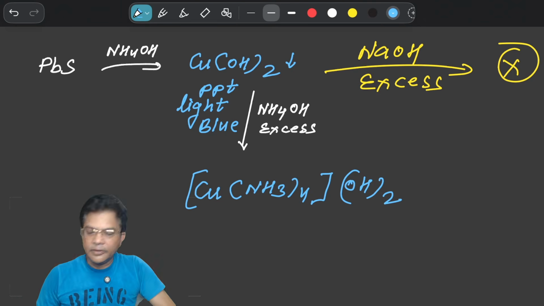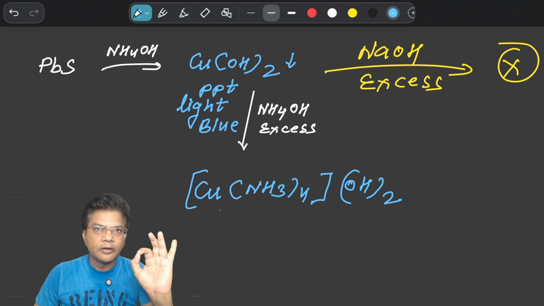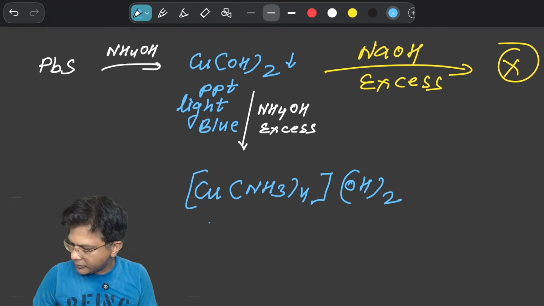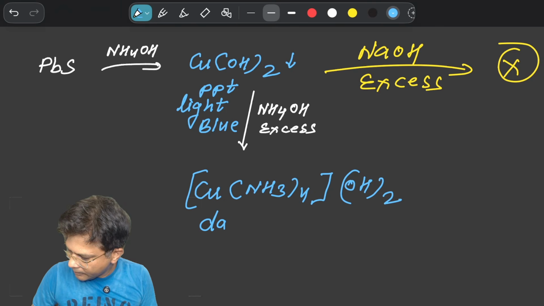Okay, now see, this is a dark blue soluble complex solution.